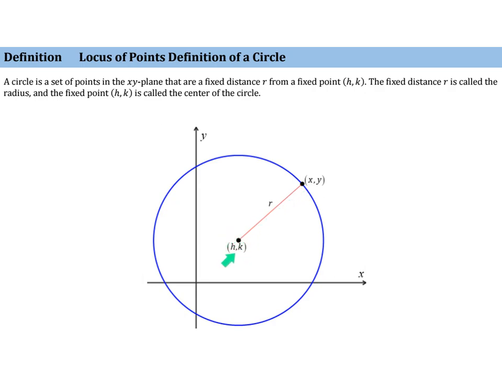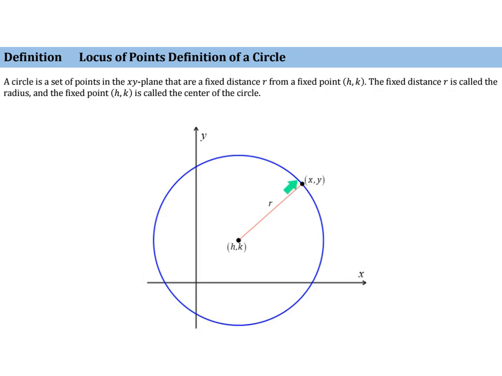So a fixed point is a point that does not move. So (h, k) is not moving. It's called the center. r is our fixed distance. It's called the radius. And (x, y) is any point that is a distance r from this center point.